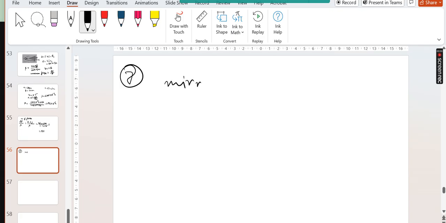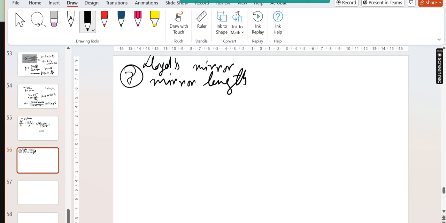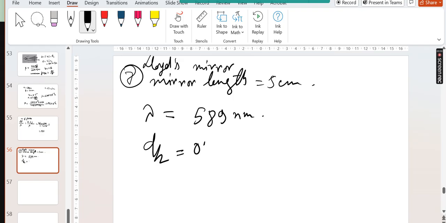So here the mirror length is 5 centimeter, illuminated with light of wavelength lambda 589 nanometer from a narrow slit 0.1 centimeter from this plane, and 5 centimeter measured in that plane.